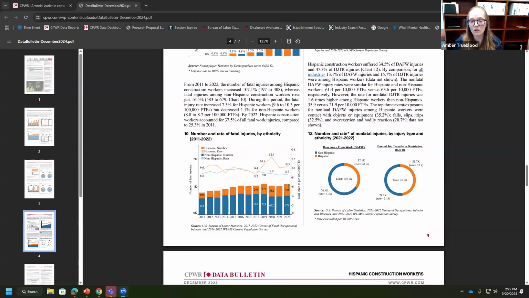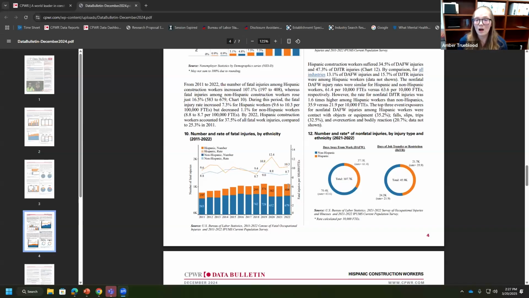However, when we look at the overall rate, and rates are really important when we're looking at injuries because that accounts for our worker population, our number of workers. When we account for our workforce, Hispanic workers have a higher rate of fatal injuries at 10.3 per 100,000 FTEs, or full-time equivalents, compared to 8.7 for our non-Hispanic workers.